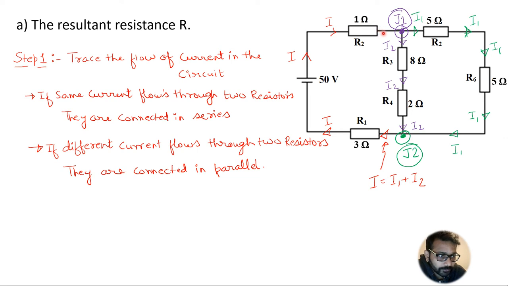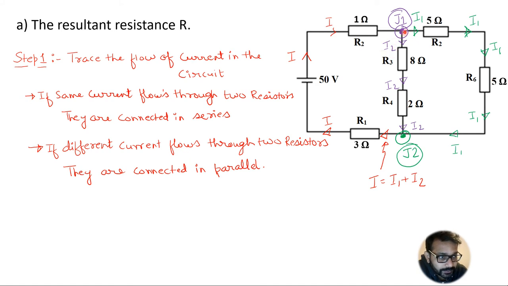Now after flowing through R2, at junction J1, because you have two different paths in which current can flow, the current will get divided into two parts. Let's call the first part of the current I1 and the second part I2.